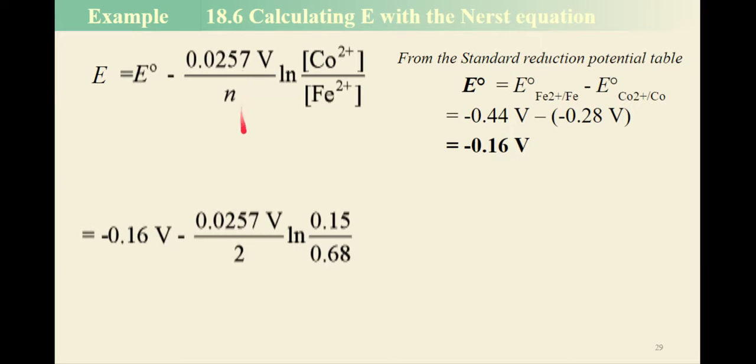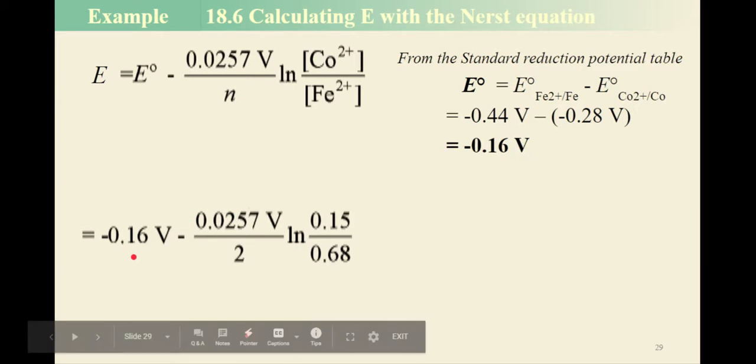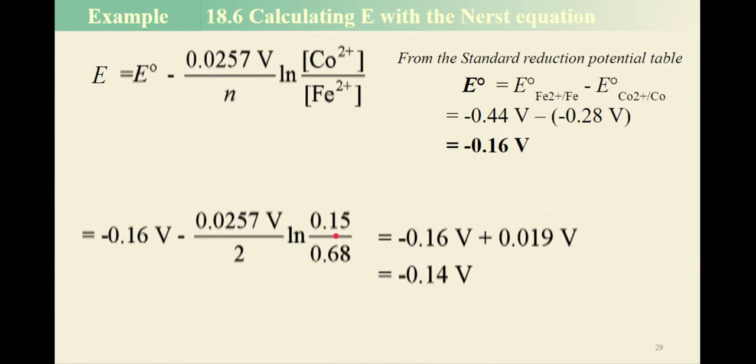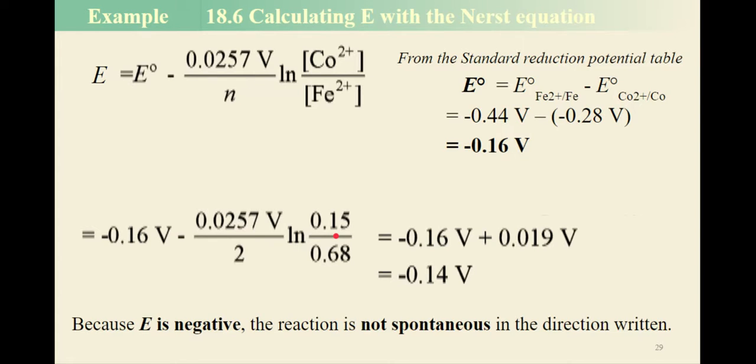And so if we go ahead and plug in, there's the negative 0.16 volts divided by 2 times our concentrations, we end up with negative 0.14. And so it's slightly closer to 0, but since it's still negative, it is still non-spontaneous.